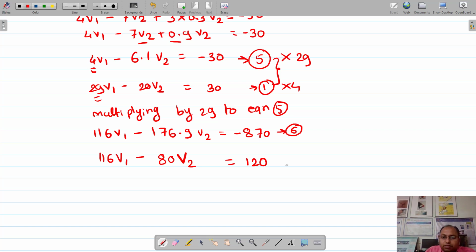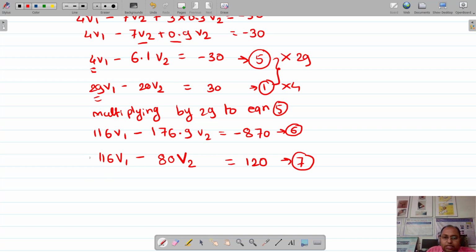Fine. So let us say this is equation number 7. Let us check it. So 29 into 4, is it coming as 116? Yes. 20 into 4 is 80. And last, 30 into 4 is coming as 120, isn't it?